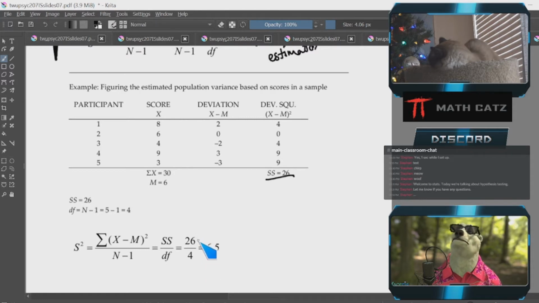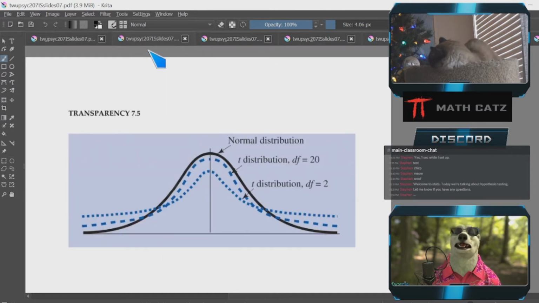The distribution that I'll use in the hypothesis testing procedure is not a normal distribution for small samples. It follows what is called a t-distribution. The degrees of freedom is the sample size minus 1.